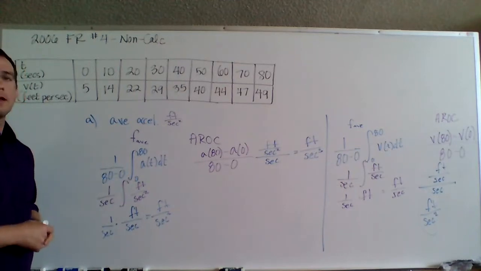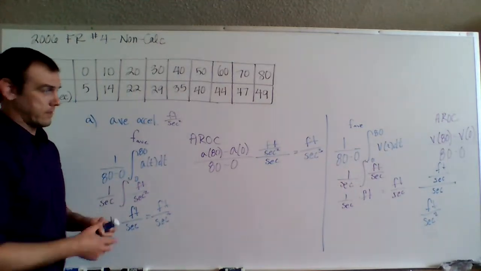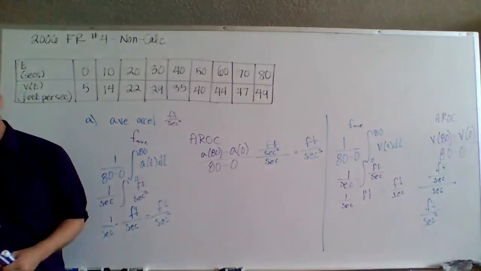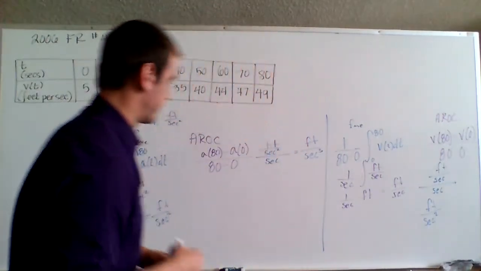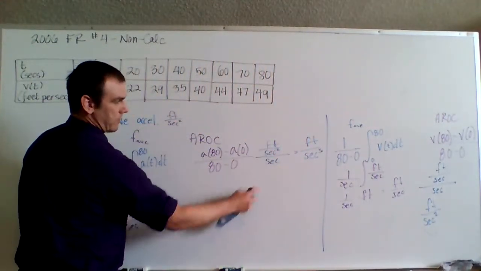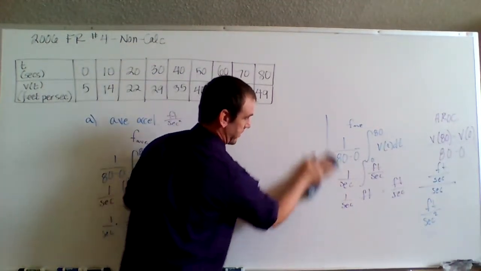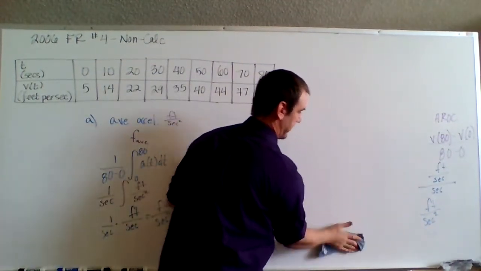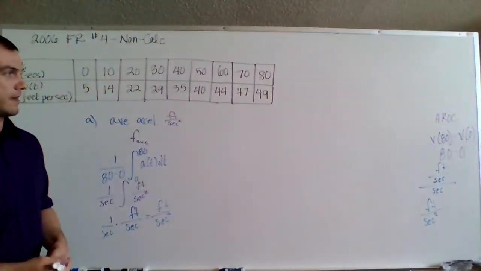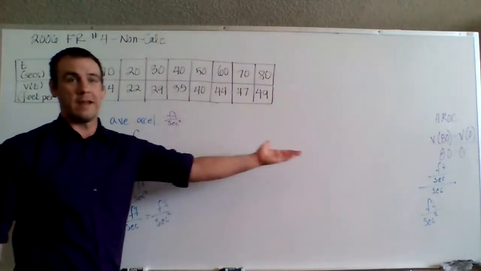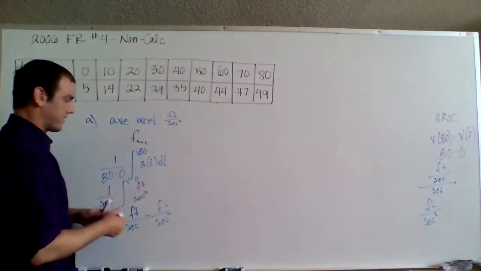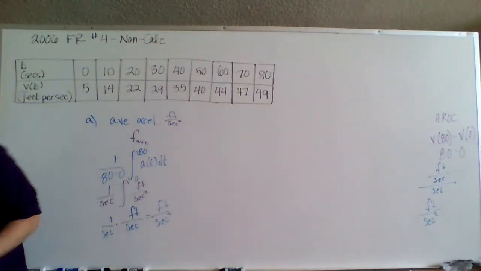The other thing I want to point out, guys, let me erase some stuff here. Obviously we didn't want this one, right? That's jerk. This one gave us velocity. We're supposed to find the average acceleration, so we're going to use either FAV or AROC. Isn't this just the fundamental theorem of calculus, though?